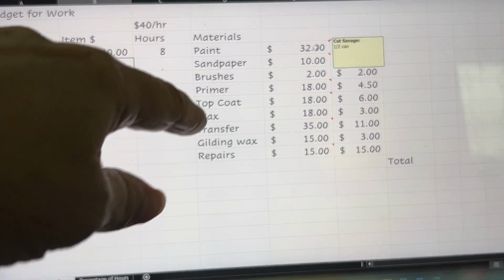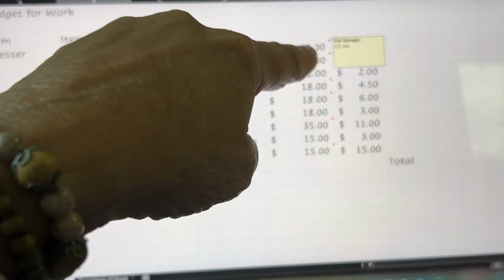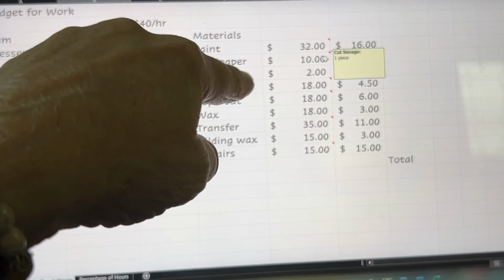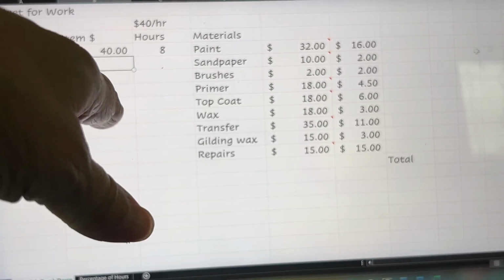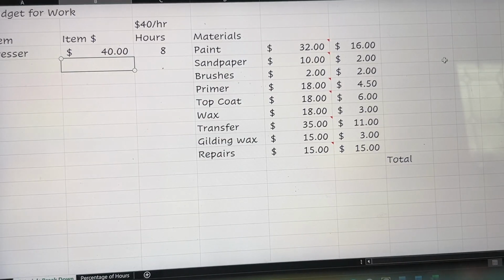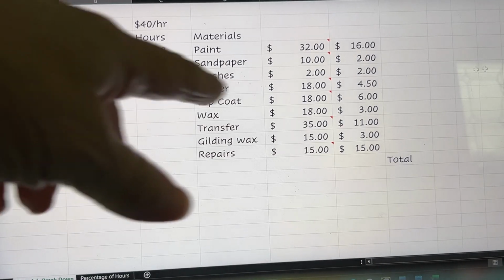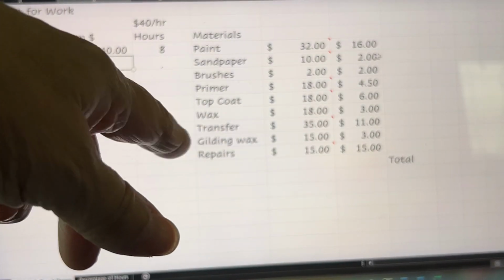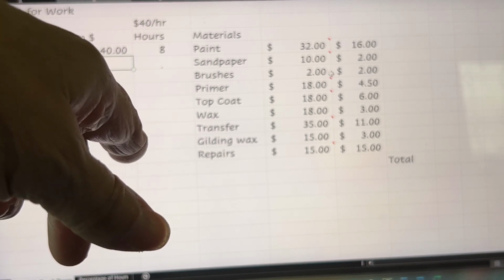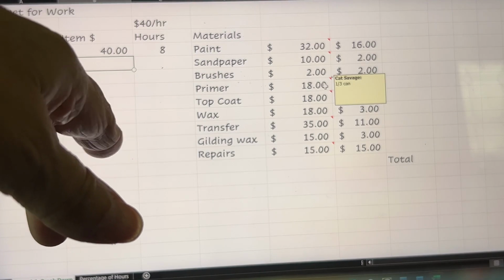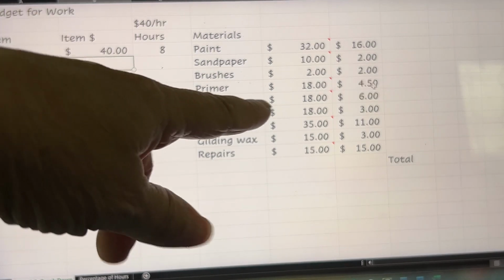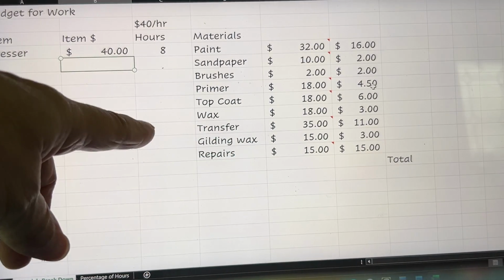And I put in the note that I used half a can of paint, $10 worth of sandpaper, and I used $1. I basically just did a little scuff sand on this. This is just a pretend imaginary piece of furniture. So I considered that I used $2 worth of sandpaper. I charged $2 for my brush replacement. A can of primer was $18, and I used a third of a can, which is about $4.50.